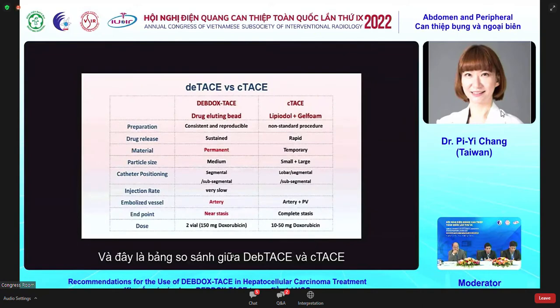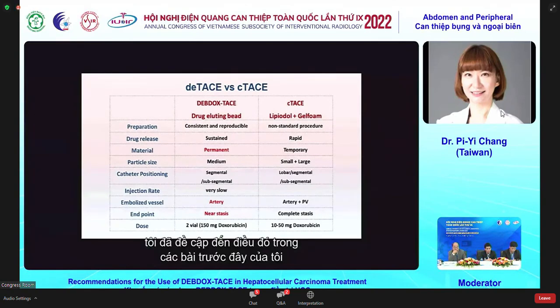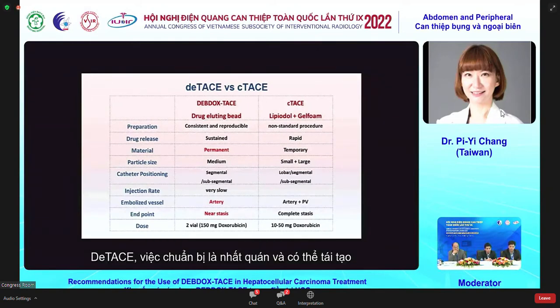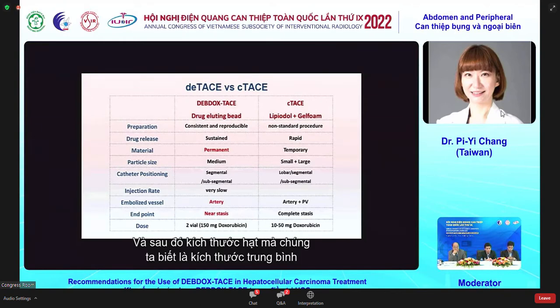And then this is a comparison table between DEBDOX-TACE and CTACE. And I have already mentioned that in my previous lectures. So you can see the DEBDOX-TACE, the preparation is consistent and reproducible, and the drug release is sustained. The material of drug-eluting bead is permanent. And then the particle size, we know that it's medium size.